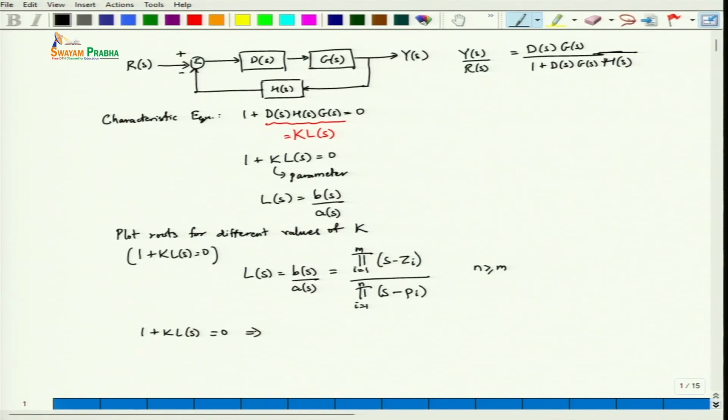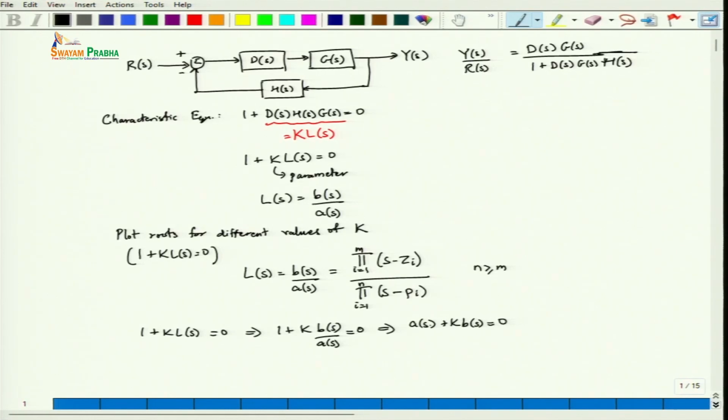If we substitute B by A for L, we will have 1 plus K B of S divided by A of S is equal to 0, which turns out to be A of S plus K B of S is equal to 0.